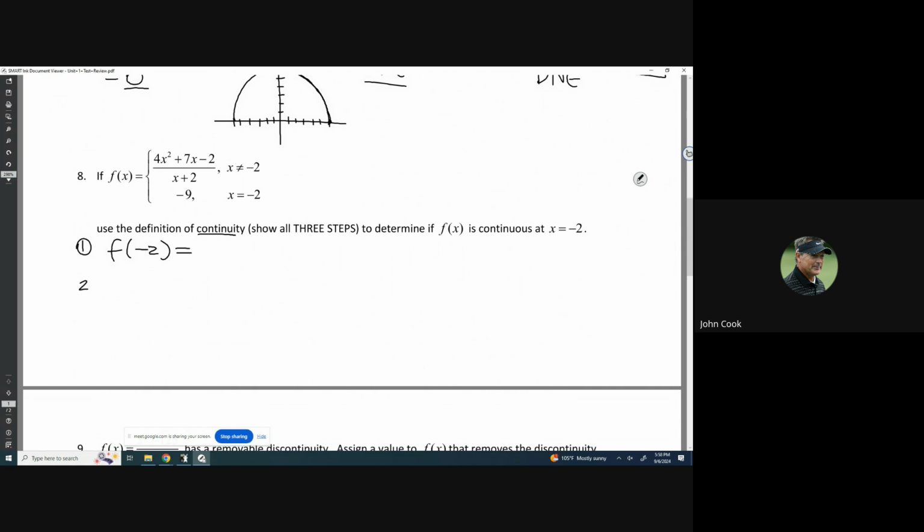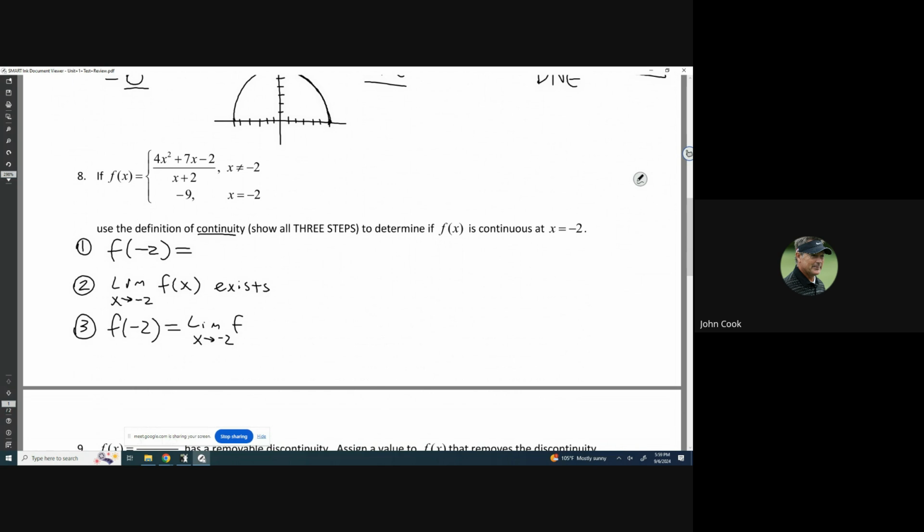The next thing that you need to show is that the limit exists. So the limit as x goes to -2 on the left and the right-hand side need to be the same. So the limit actually needs to exist. And then the third step is that you need to show that the function, the actual number, the point where the function is located, is equal to the limit as x goes to that point.